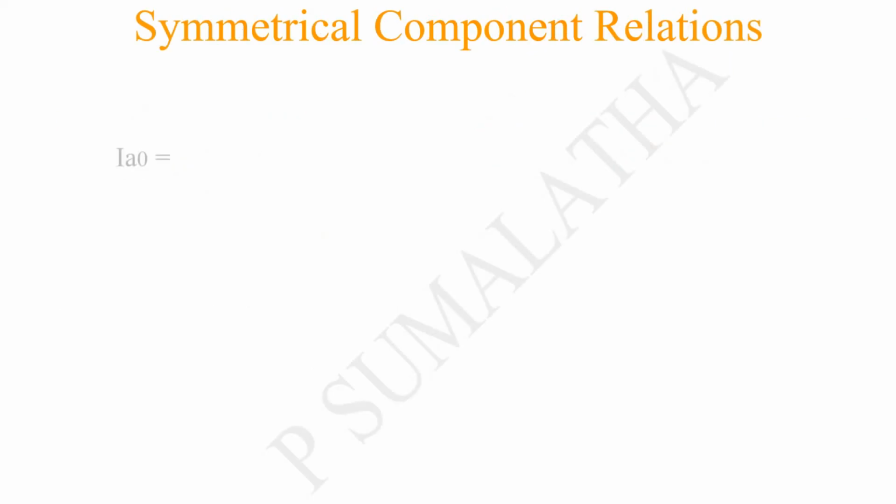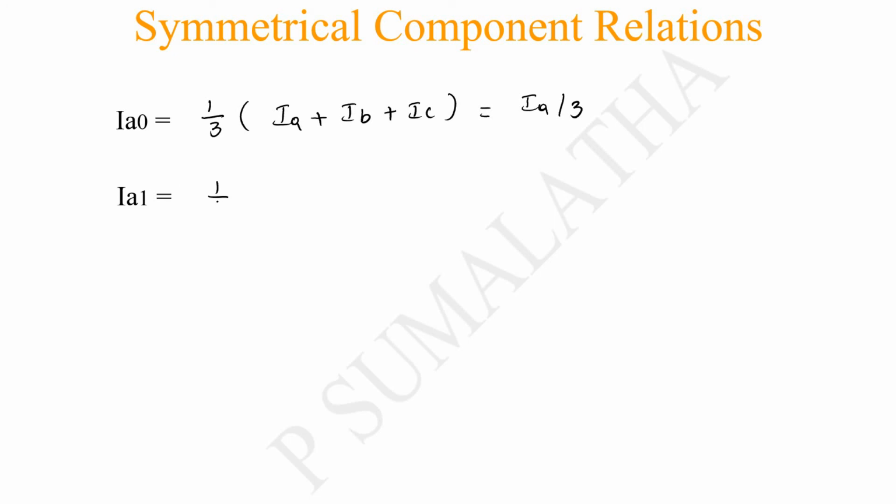Symmetrical component relations. IA naught is equal to 1 by 3 times of IA plus IB plus IC. So here IB and IC values are 0. So we will have IA by 3. And IA1 is equal to 1 by 3 times of IA plus A into IB plus A square into IC.